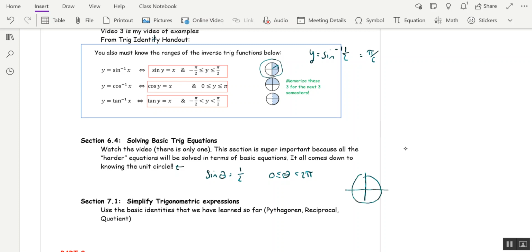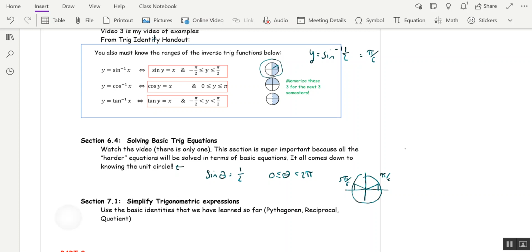And so we're thinking, okay, pi over 6 works, but also over here, 5 pi over 6. So there would be 2 answers to this equation that lie between 0 and 2 pi.